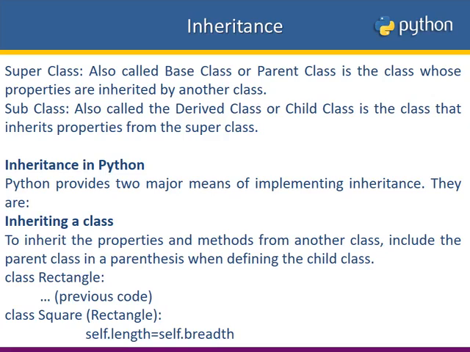Like we can see from the example here, class Square is a new class. The parentheses, the brackets, with Rectangle, which is the parent class, the super class, is enclosed in parentheses during the child class definition. So we have class Square(Rectangle) as the example.